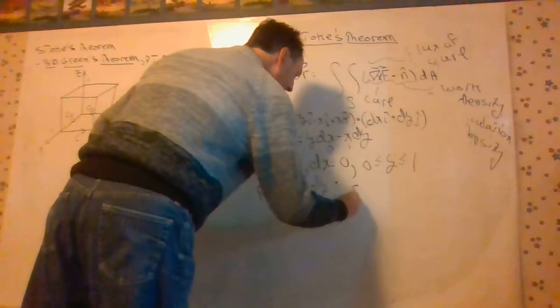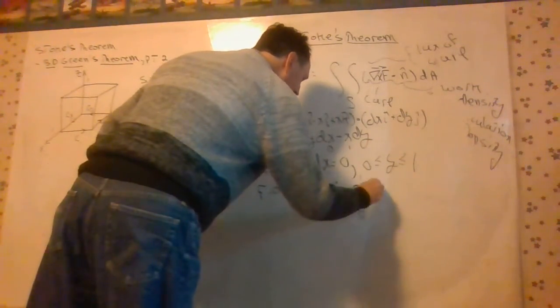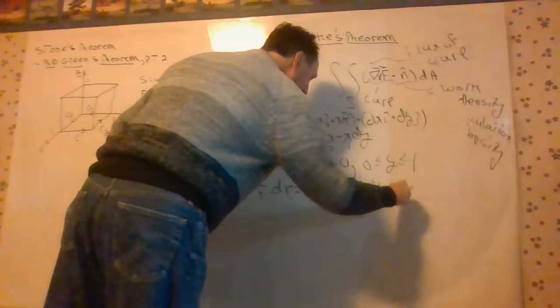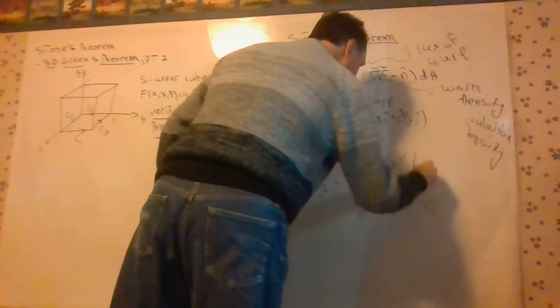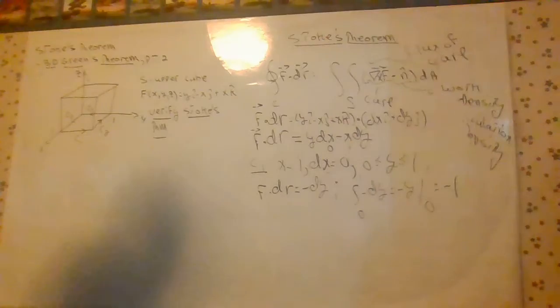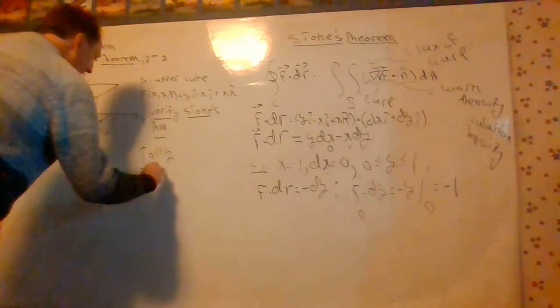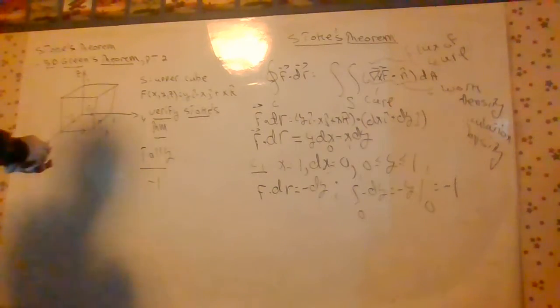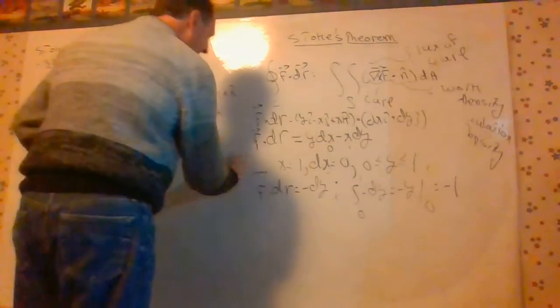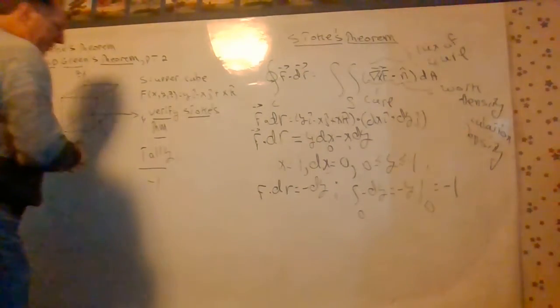So we can integrate 0 to 1, negative dy equals negative y from 0 to 1, and we get negative 1. Let's make a tally over here. Okay. Now let's move to C2.